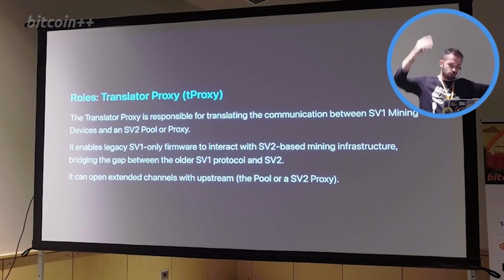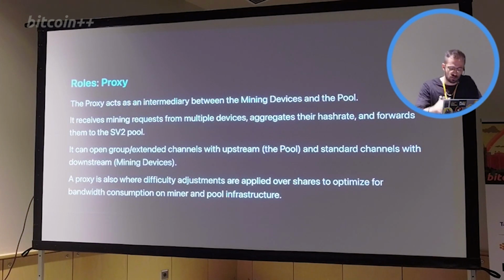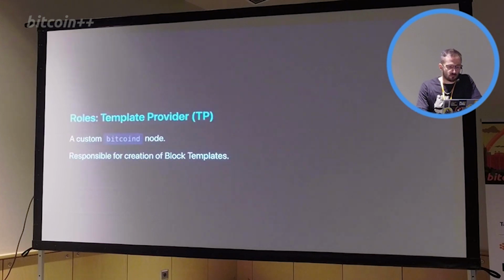It's going to flow upstream as Stratum V2 data, and you can still participate in template creation, or the job declaration protocol, as we call it. So yeah, the translator proxy is just a flavor of a proxy, to be honest. It performs the same functionality as a regular proxy.